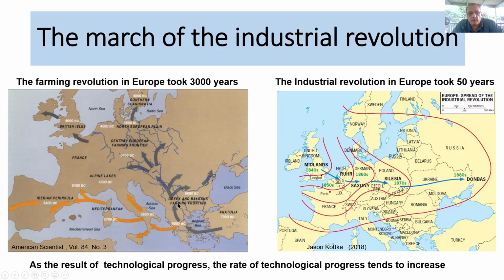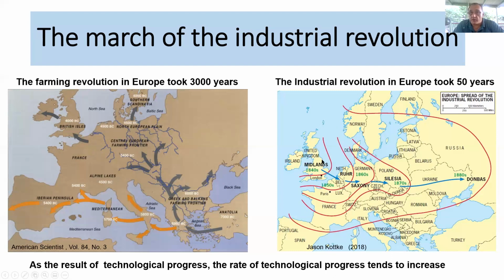One of the first technological revolutions in human society was the farming revolution, and propagation of farming from the Middle East into Europe took over 3,000 years, quite a lengthy process.